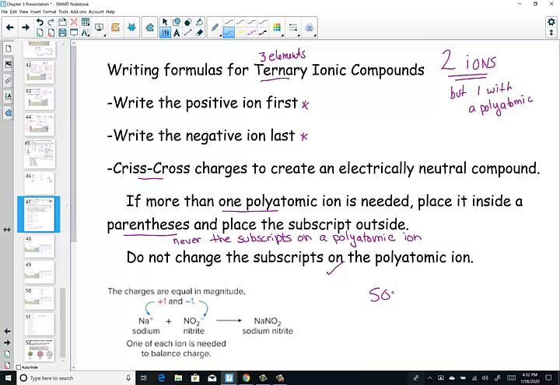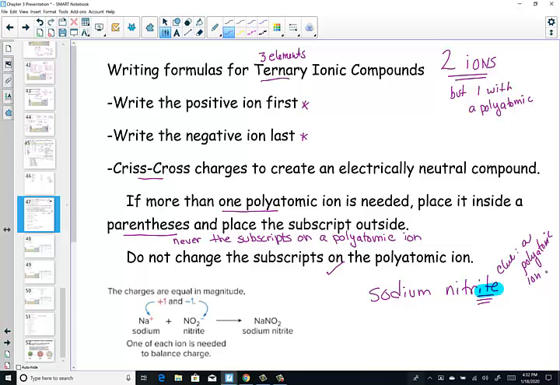So let's say, for example, I wanted to write a chemical formula for a compound named sodium nitrite. I want you to hear the ite ending very carefully, because that ite, that's your clue that it's a polyatomic ion. Polyatomic ions end in ite or ate.